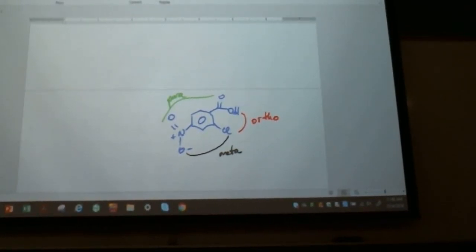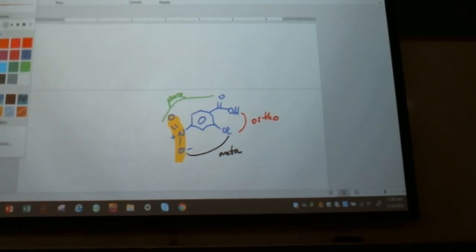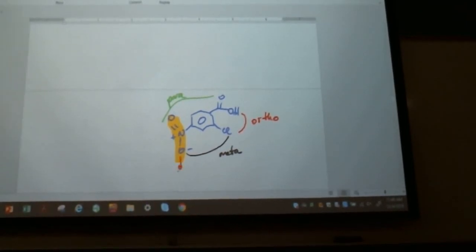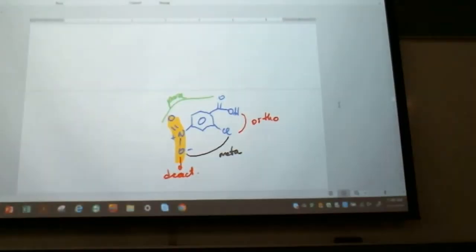So we need to introduce them in the right place. Also, this is activating, which probably means we want to introduce it last, because a whole bunch of reactions will become difficult with this present.